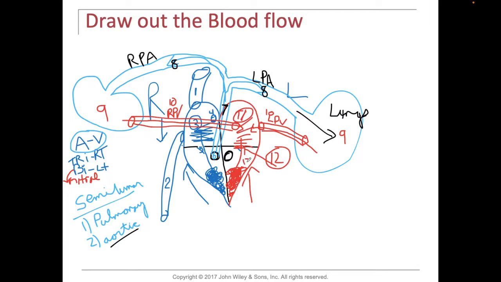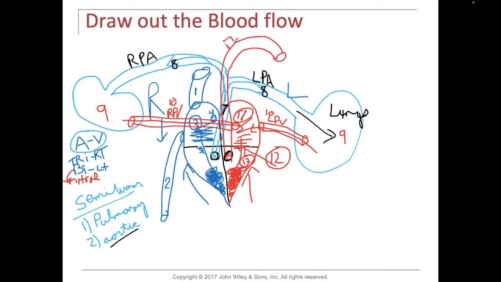We'll say 13 is the left ventricle. And now blood is pushing up, pushing up. It pushes through number 14, the aortic semilunar. And now we have blood coming up like this. Here's the blood vessel coming up like this.